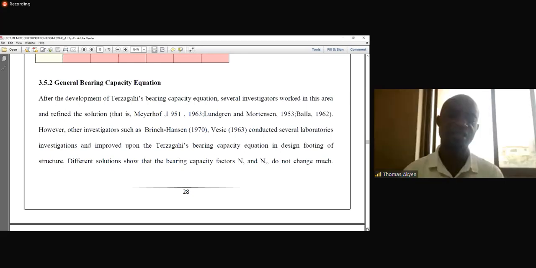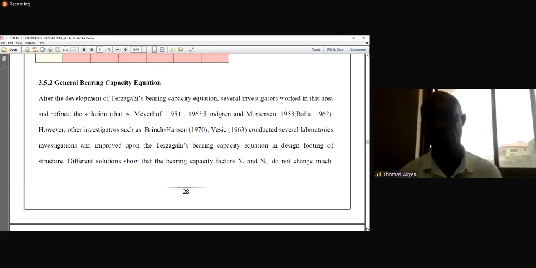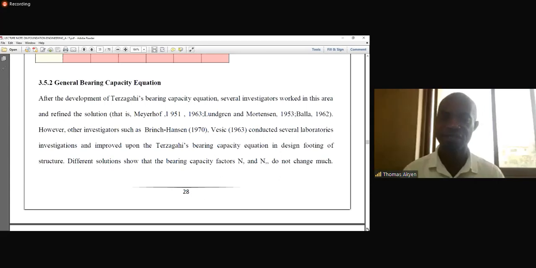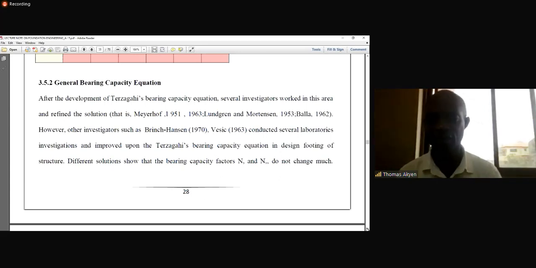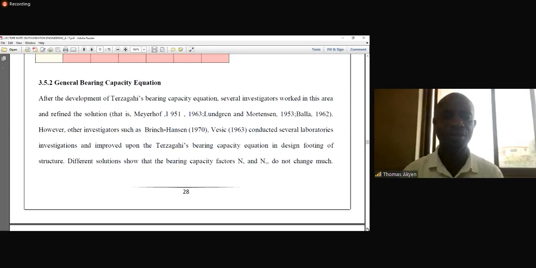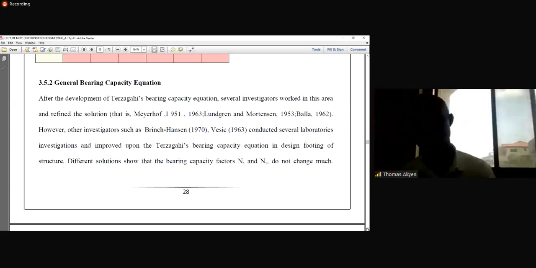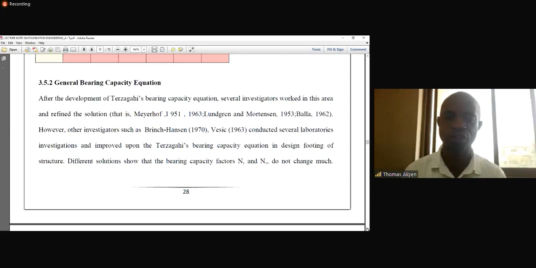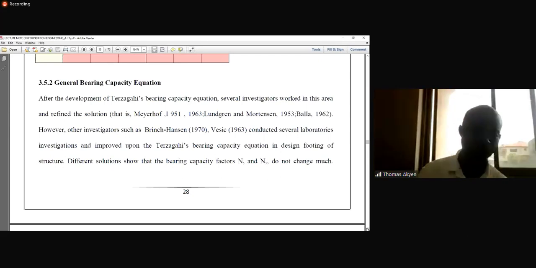However, other investigators such as Brinch Hansen 1960, 1970, Vesic 1973, 1963 conducted several laboratory investigations and improved upon the Terzaghi bearing capacity equation in design of footing of structures.